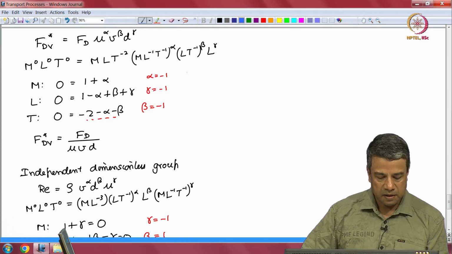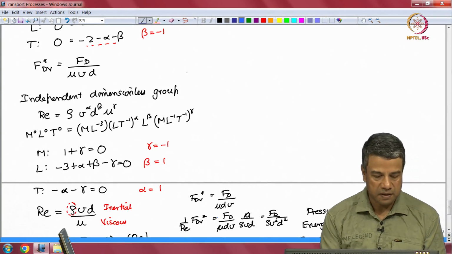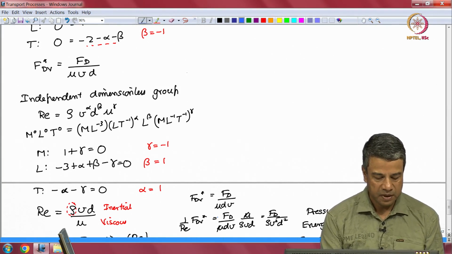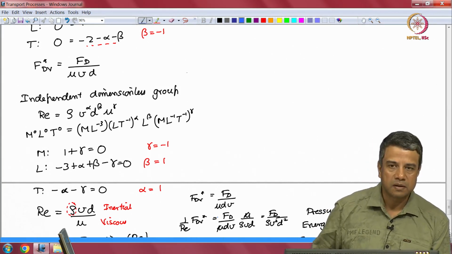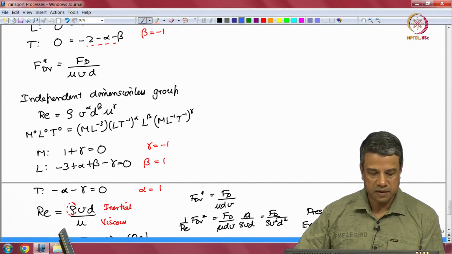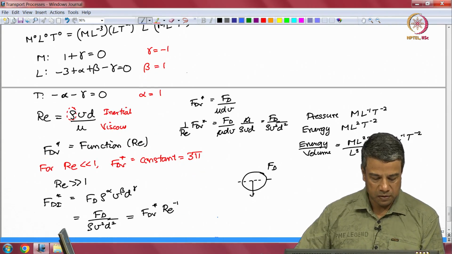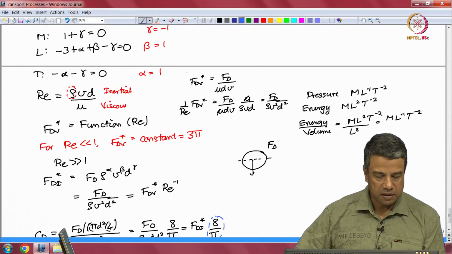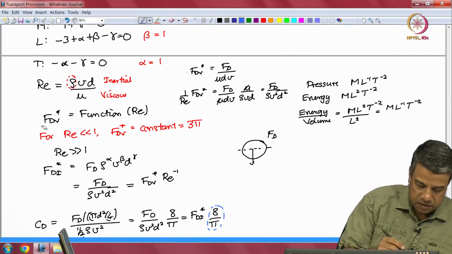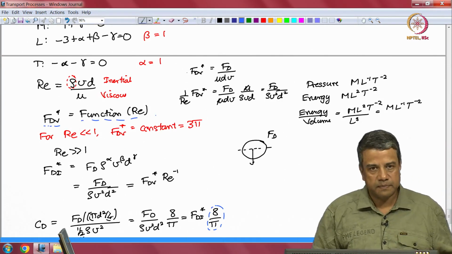For the independent parameter, once again we had set the exponent of the density equal to 1 and calculated the exponents of the other quantities, and we had got the Reynolds number, rho v d by mu, the ratio of inertial and viscous forces. So, those are the 2 groups. Therefore, the scaled drag force here is a function of the Reynolds number.